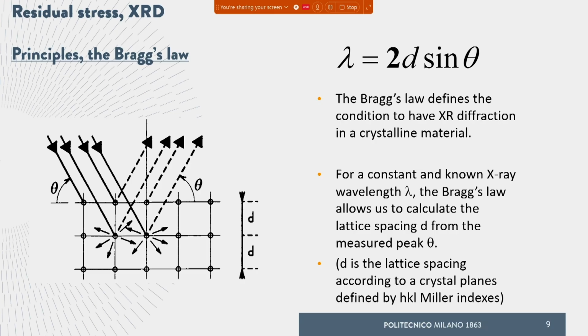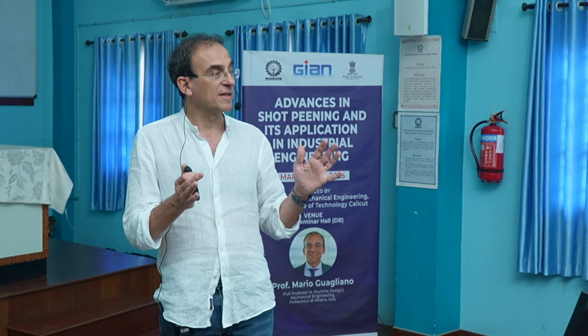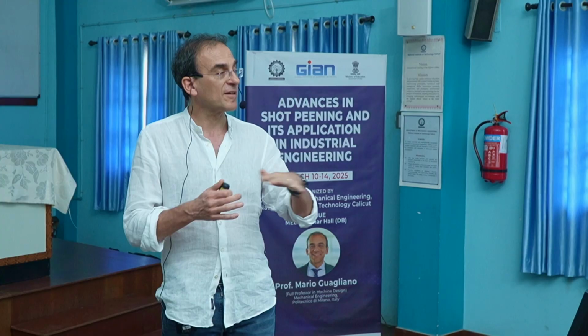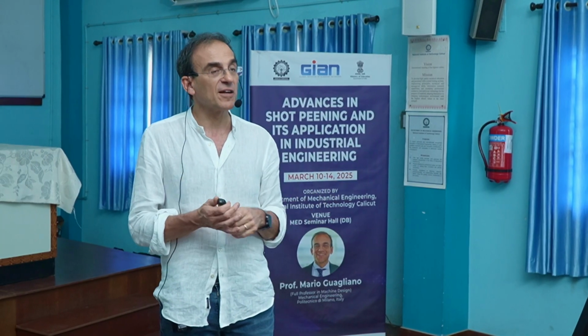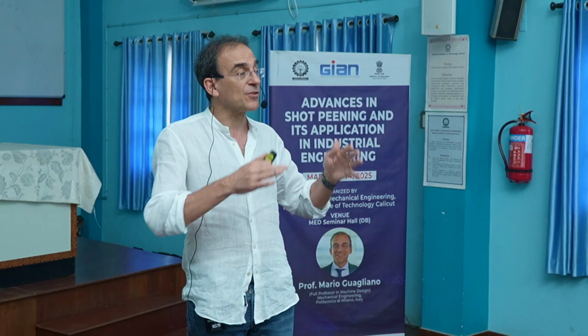So every time this law is verified, we have positive diffraction. If we measure what is going out of the surface, we will measure the so-called diffraction peak. If the material is a perfect crystal, we will have one single line at that angle, and the rest will be null. If the material is not a perfect crystal, such as a metal, we will have a diffraction peak.